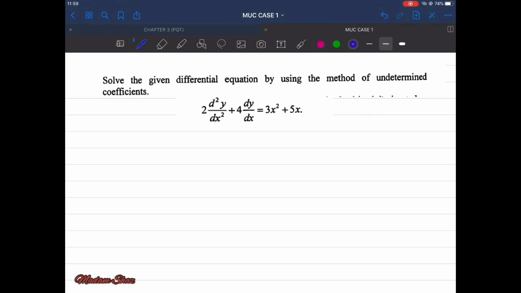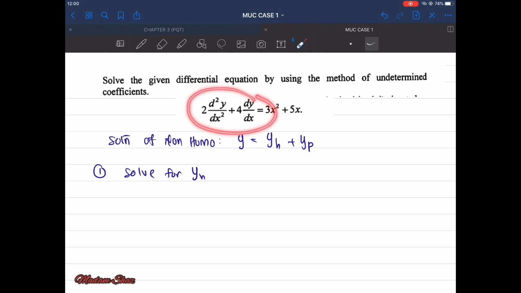Okay, so first step, you have to know that the solution of the non-homogeneous equation is y equal to yh plus yp. So we start our solution by solving for yh, which means that you have to solve the left hand side.